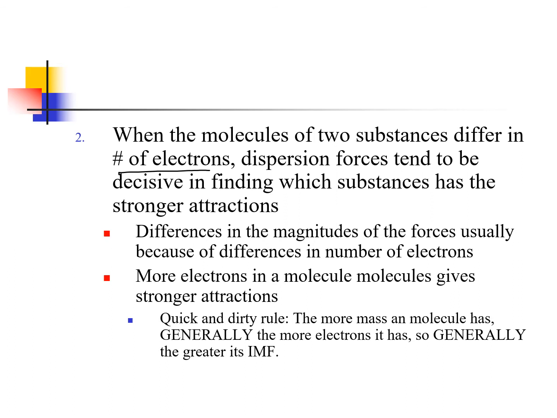And as a note, the quick way to do this, and we have to be careful about it, is that generally more massive molecules means more electrons. But specifically, if an AP question says, why does this molecule have greater dispersion forces, do not say it has more mass. No. It's not because it has more mass, it's because it has more electrons. The mass is just a quick and dirty way to see that.